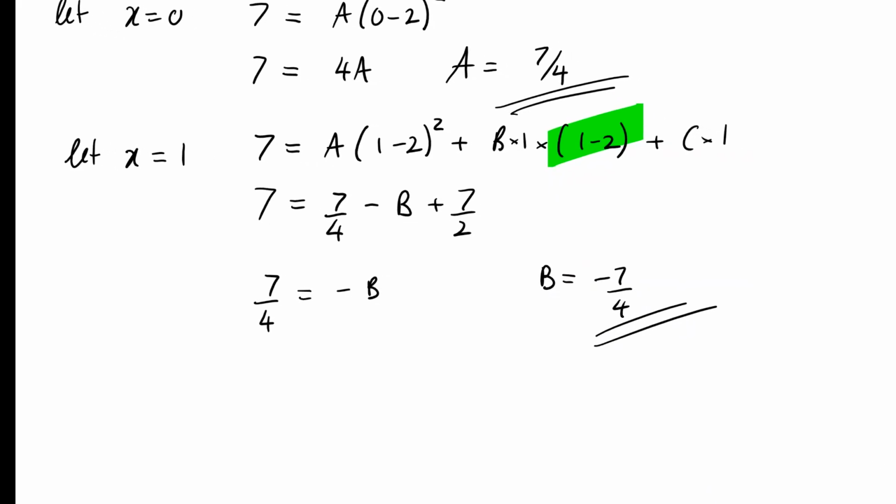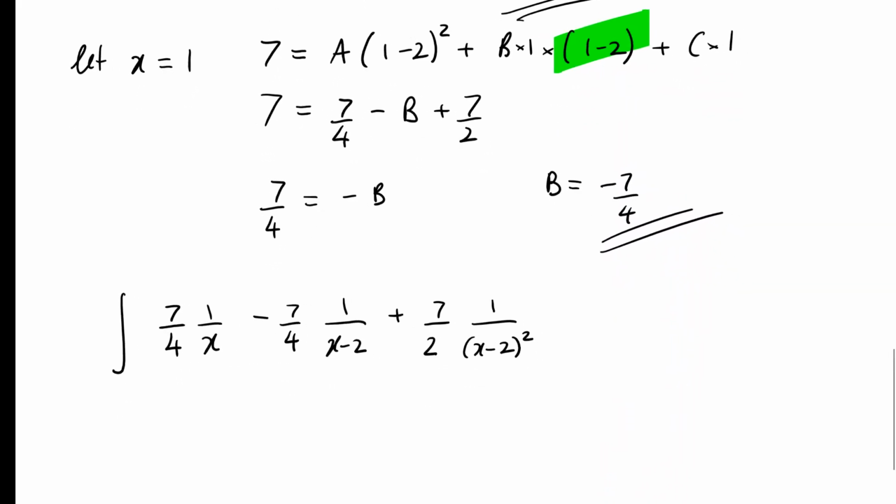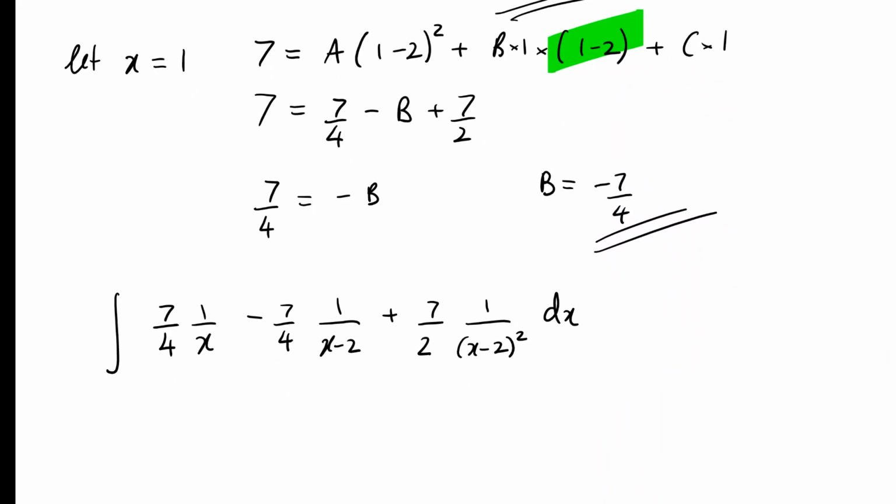We can set up the integral in partial fraction form now. So a was 7/4, so 7/4 of 1/x plus b, but b is negative, so negative 7/4 of 1/x minus 2 plus 7/2, c, multiplied by 1/x minus 2 squared dx.